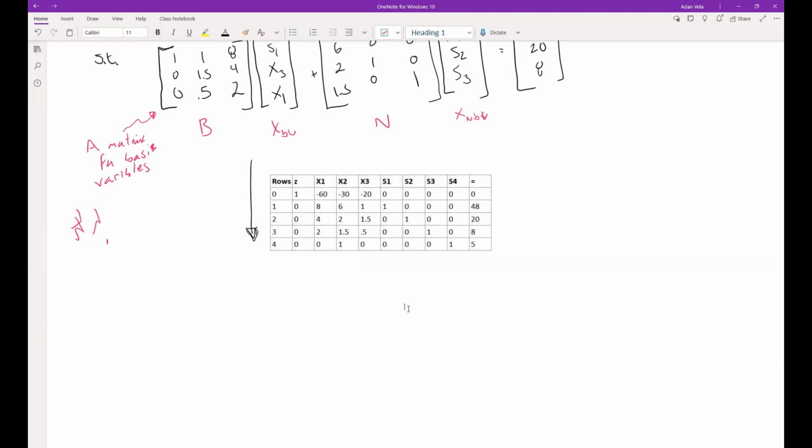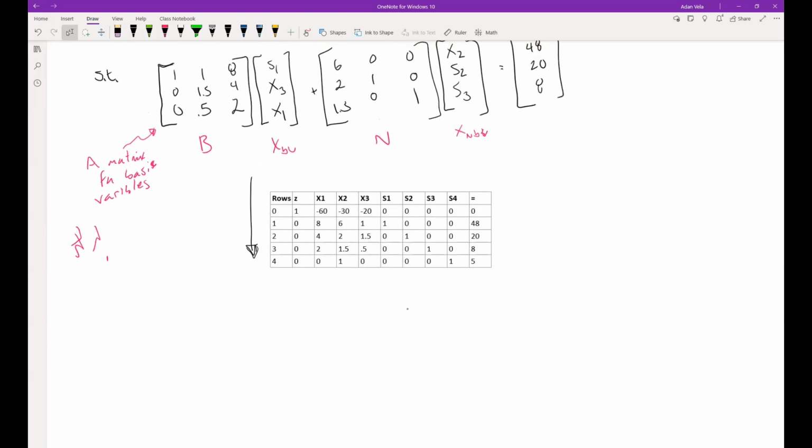Okay, and again, in this case, what we ended up with was S1, X3. So S1. Oh, wait. Seems like I'm missing a step. X1, S3. Oh, why did I copy the wrong table?